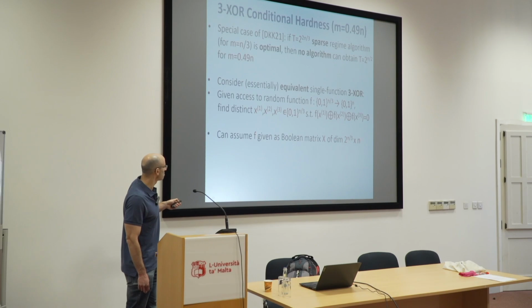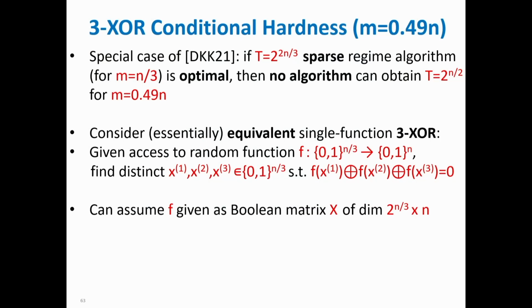You can think of this entire function being encoded as a matrix of dimensions 2 to the n over 3 times n. That's the same thing, just a different notation. We're going to denote the ith row of the matrix by xi.